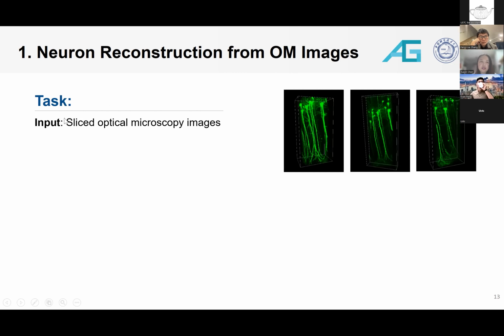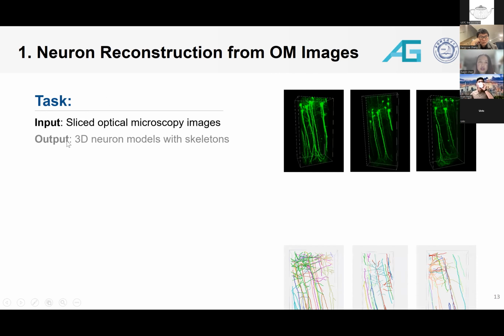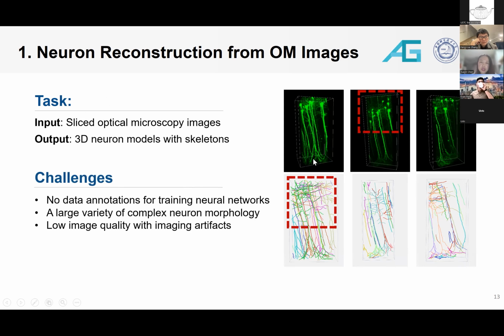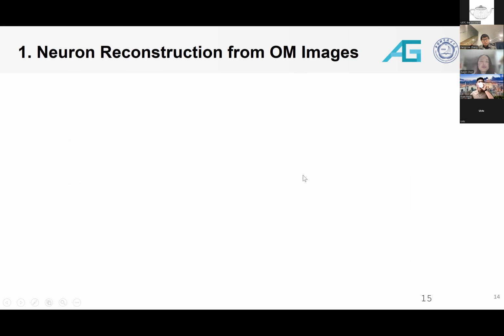The task is defined as: given a volumetric data set, we want to reconstruct all the neurons with skeletons. The challenges include the deficiency of data annotations, a large variety of complex neuromorphology, and the image quality is very low compared with natural images.